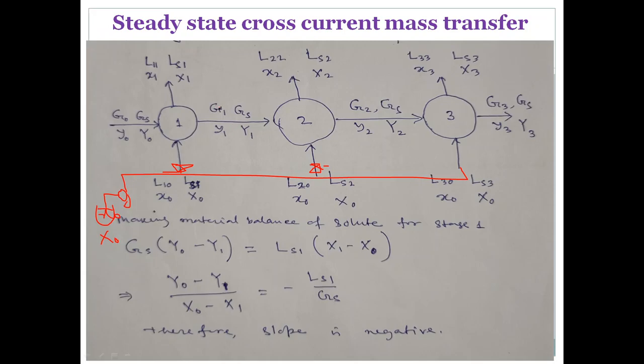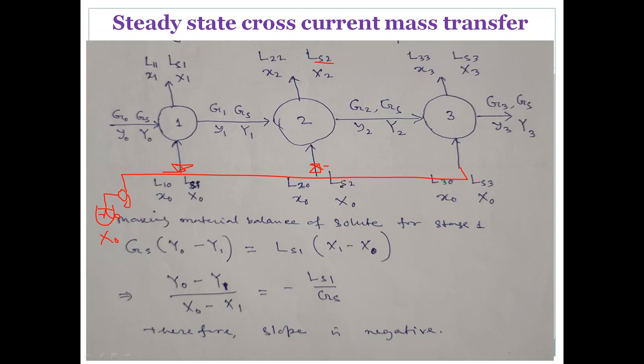So I will come to the second unit for whatever remains. I will put some N-methyl pyrrolidone, then another extraction, and the corresponding output will be X2, L2.